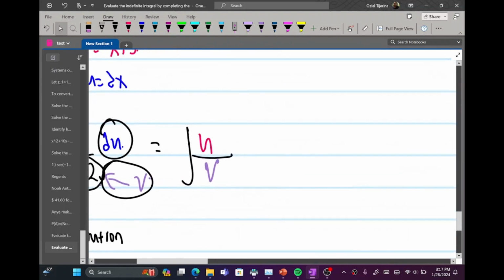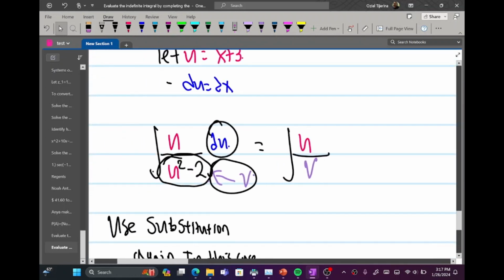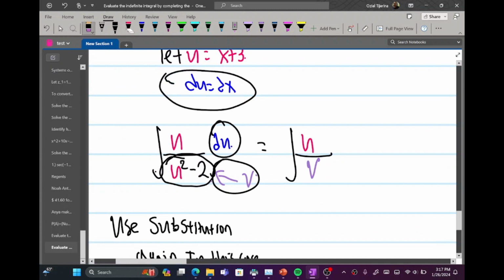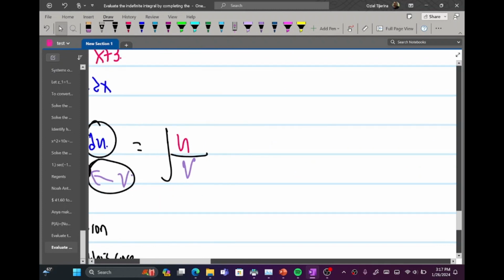So we're just trying to get everything in terms of v, guys. We are not going to, once we get the final integral, we are going to substitute everything back in. So you want to be careful.